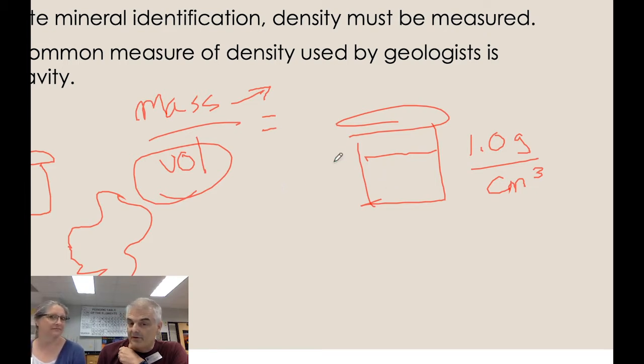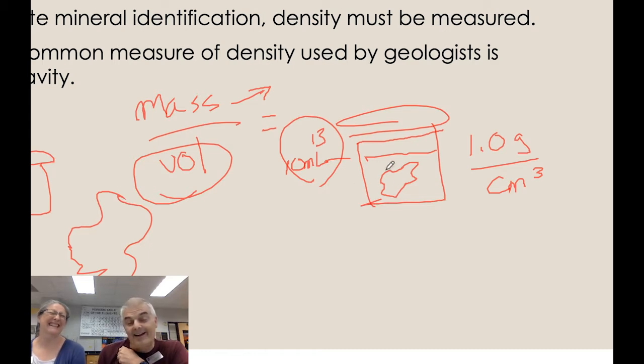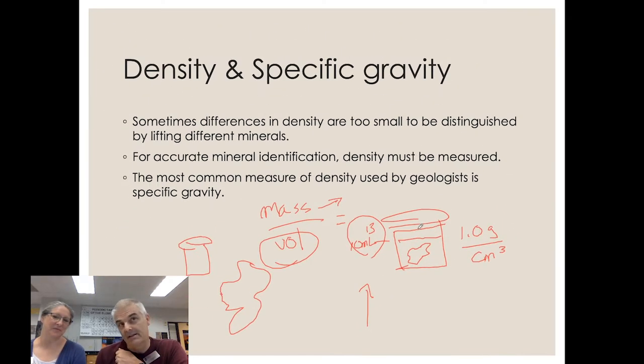So if this is at 10 milliliters, and then I put my funny looking rock in it, and it rises to 13, then the volume is 3. It's like if you've ever taken a bath, guys. When you hop in the bathtub, what happens to the water level? It rises. By how much? By how big you are. By your volume, at least the part of the volume that's in the water.